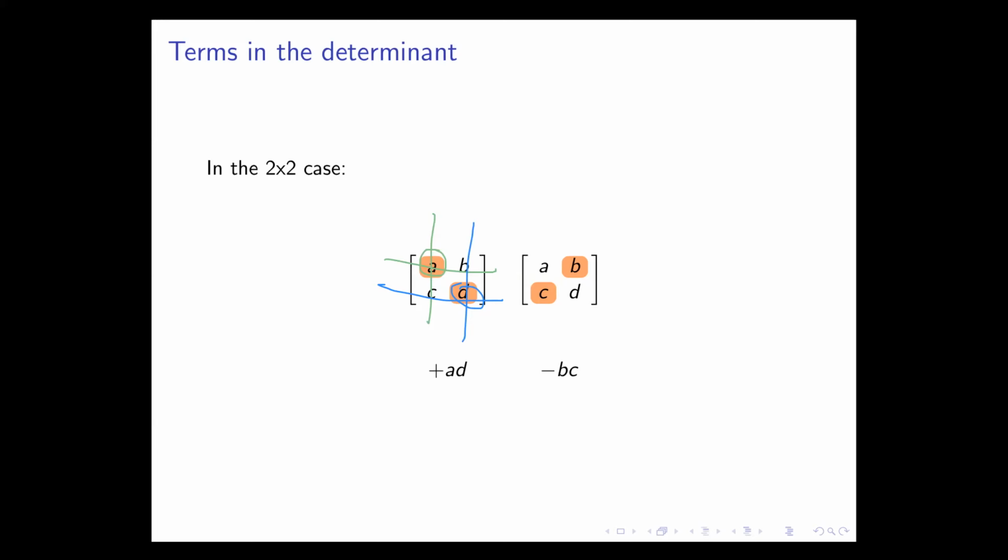In the second choice, we take the second element in the first row. So the first row and the last column are fixed, we cannot take from there anymore, and we just need to take C as the remaining one. It turns out that with the sign convention, AD enters with a plus sign and BC enters with a minus sign.